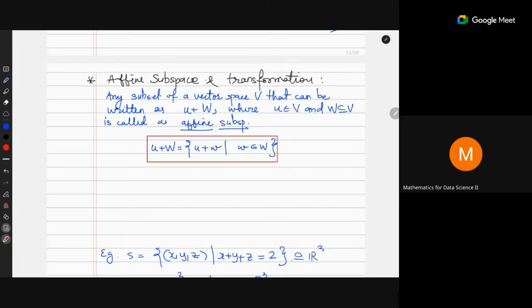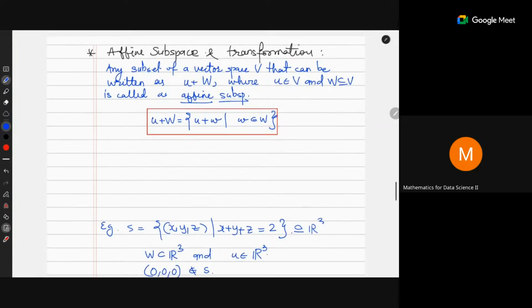All right. Okay, so now what is an affine transformation? Let me recall the definition.